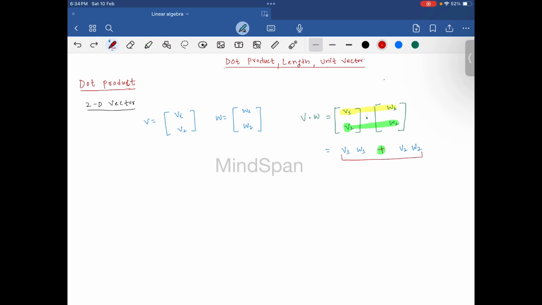So this will be a number, and v is a vector, and w is also a vector.